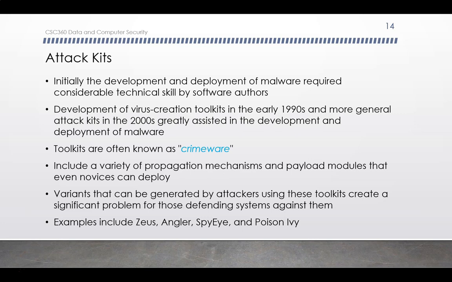Development of virus creation toolkits in the early 1990s and more general attack kits in the 2000s greatly assisted in the development and deployment of malware. These toolkits are often referred to as crimeware. These include a variety of propagation mechanisms and payload modules that even someone with little technical proficiency can deploy. We note some of the common examples: Zeus, Angler, spyware, and poison ivy. We'll examine a couple of these in just a moment.